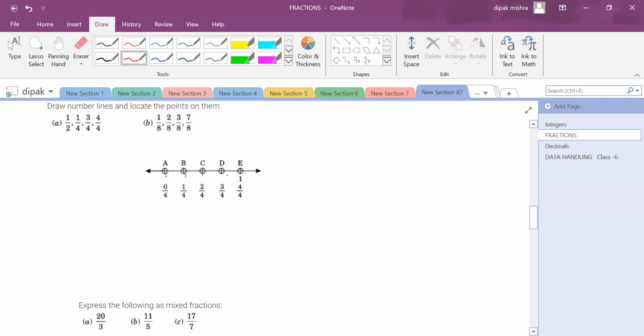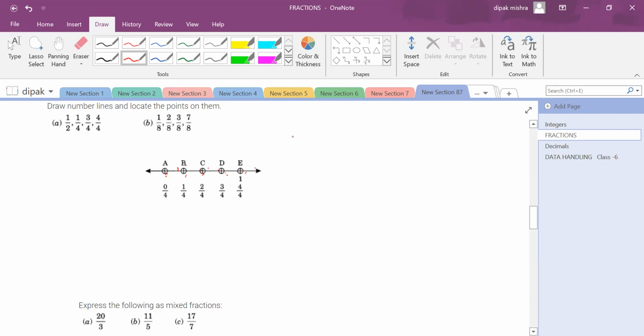So 0, 1, 2, 3, 4. I divide this into 4 parts from 0 to 1, and each part is equal to 1 over 4. So I locate the points B, C, D, E.